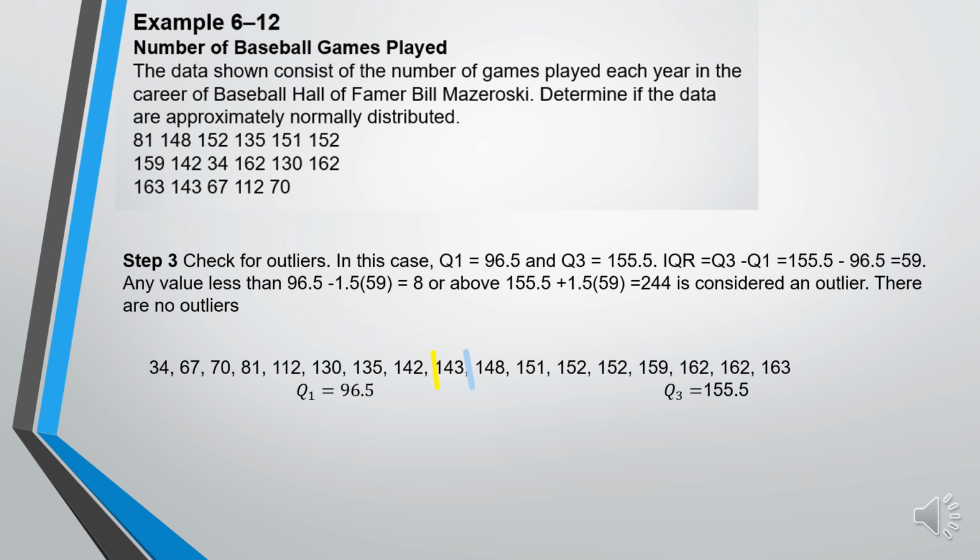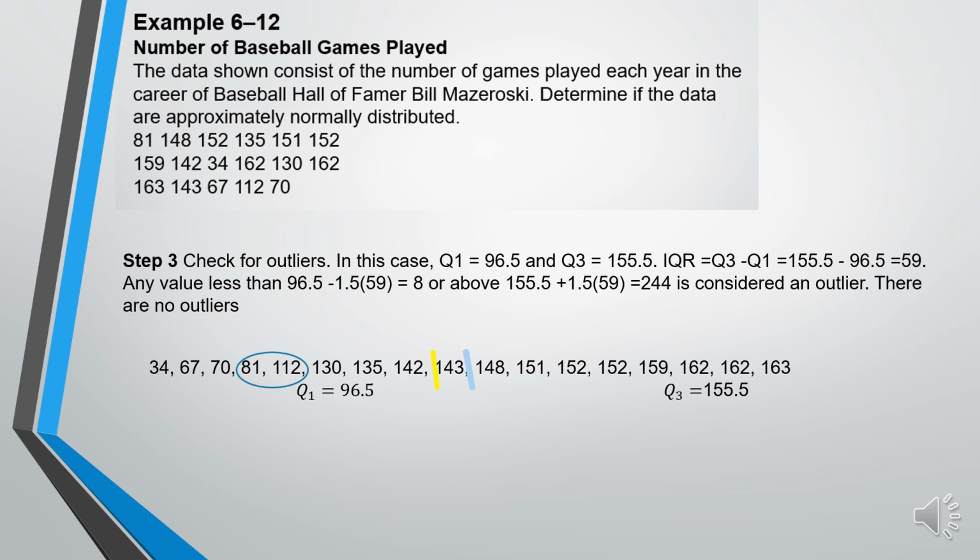So for quartile 1, the data are 34, 67, 70, 81, 112, 130, 135, and 142. We just need to find the center of these, so the center is 81 and 112. If we add them up and divide by 2, quartile 1 is equal to 96.5.